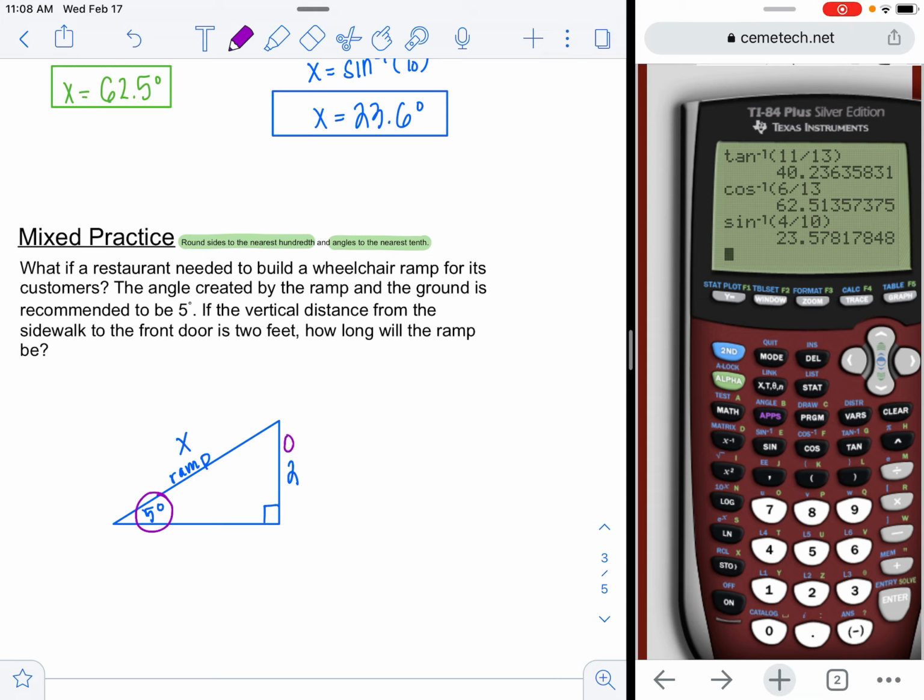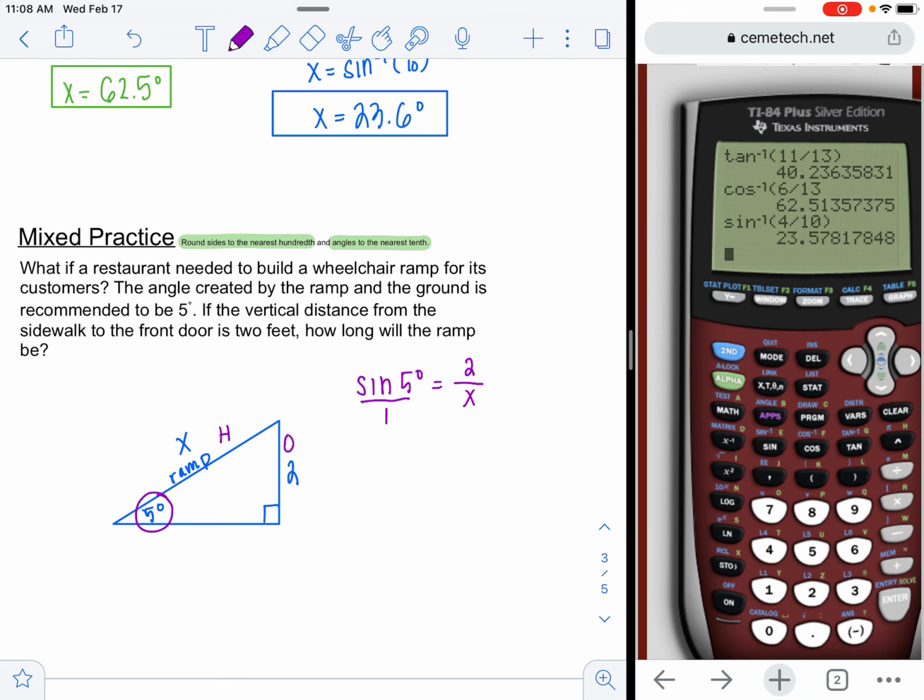The ramp is right here, that's my x. Okay, so now I'm going to use trigonometry to solve this. Here's my angle. This is opposite because it doesn't touch it, and this is the hypotenuse. O and H tells me to use sine. Sine of my angle, which is 5 degrees, is equal to, and I'm going to write my ratio, O, which is 2, over H, which is x.